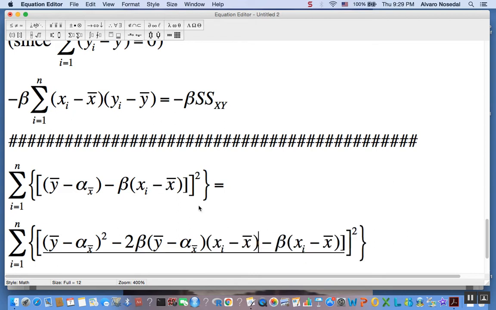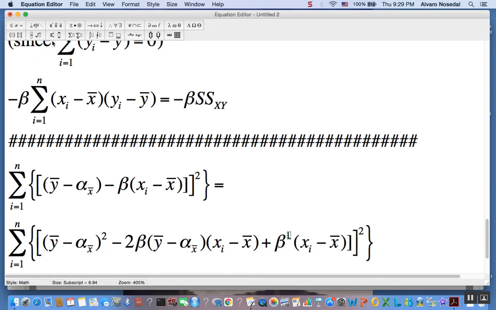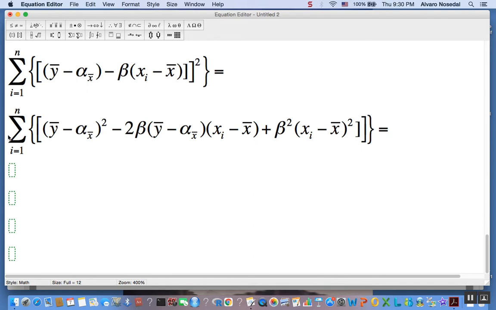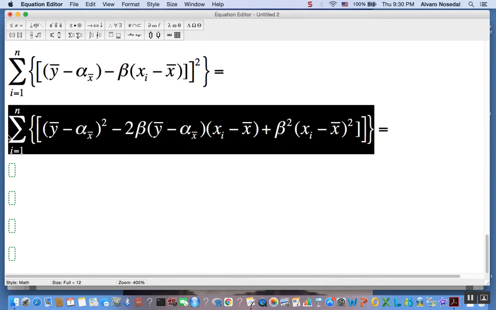Okay? And finally, we are going to have plus beta squared times xi minus x bar squared. Now, instead of having a big sum, we're going to have 3 smaller sums.